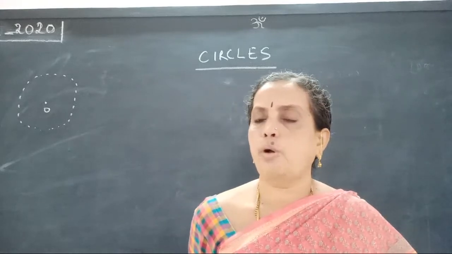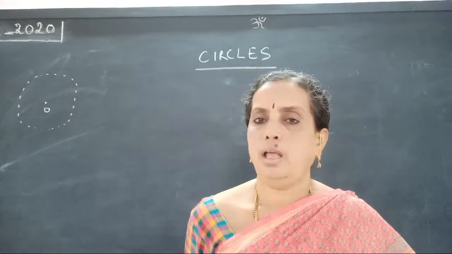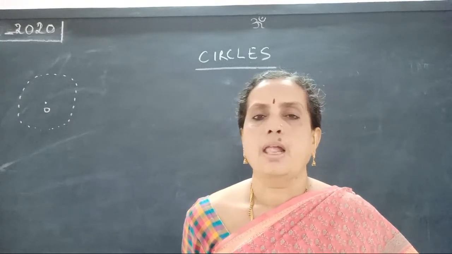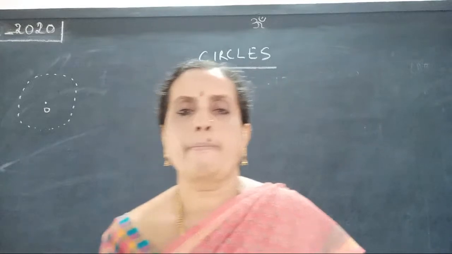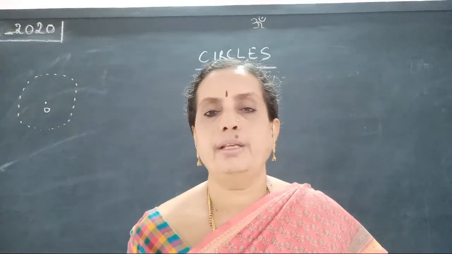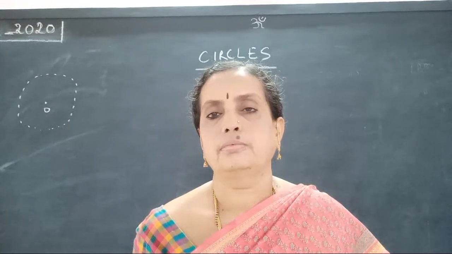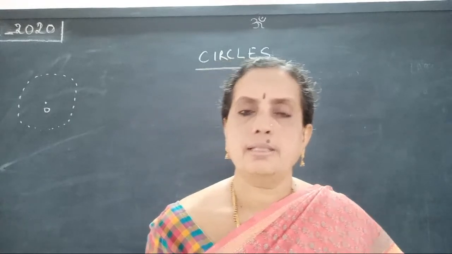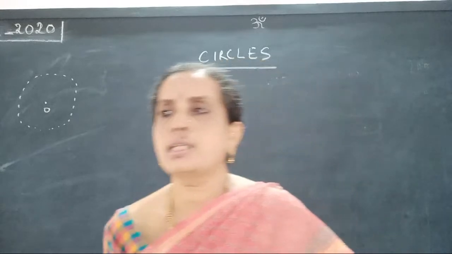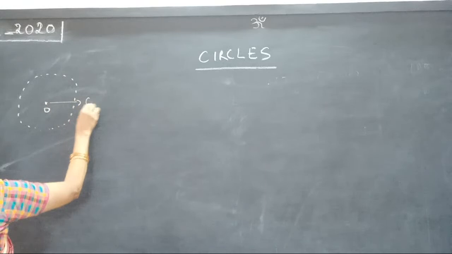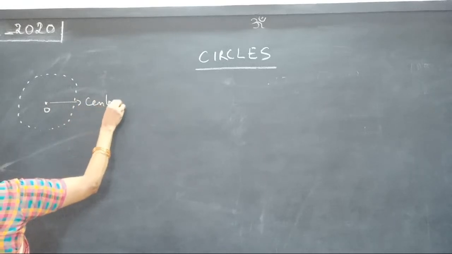We say that point O is the center of the circle. Point O refers to the center of the circle.